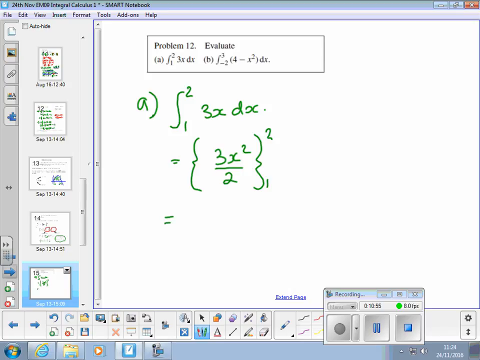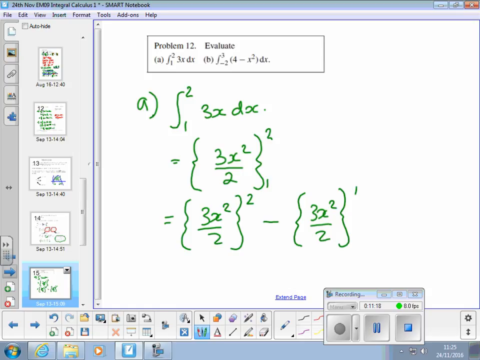And then what we've got to do is say that's equal to the value of 3x squared over 2 when x is 2, take away the value of 3x squared over 2 when x is 1.